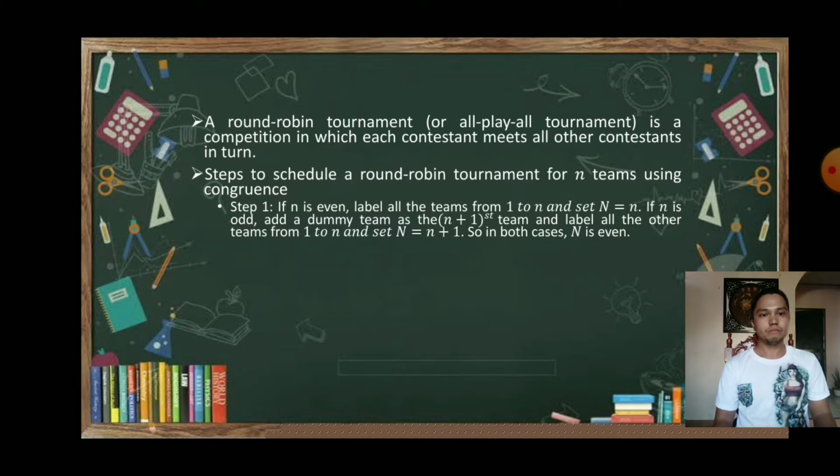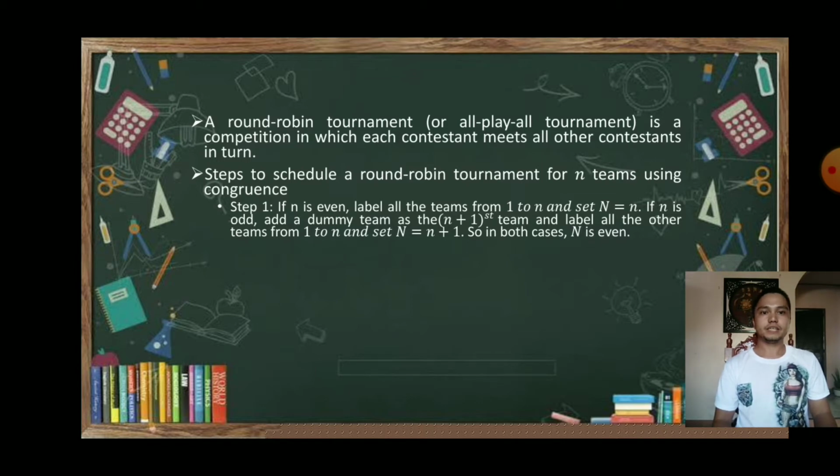So, meron po tayo ditong dalawang n, isang capital letter N at isang small letter n. Yung small letter n po natin ay nagre-represent siya ng number of team if it is even or odd. At yun namang capital letter N, yan yung nagre-represent ng total number of teams. So yan po yung ating n is even.